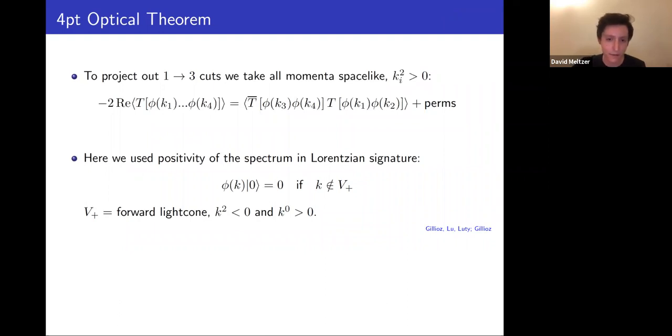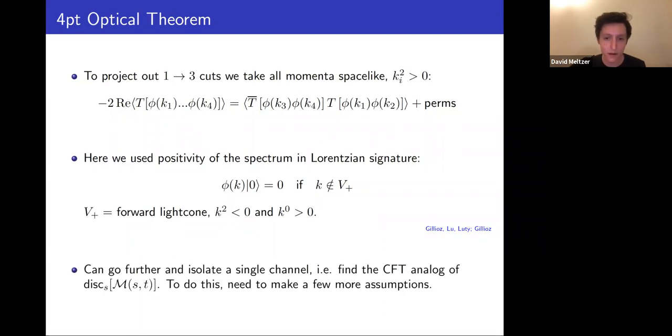If phi of K acts on the vacuum, this is 0 if K is not in the forward light cone. Here I'm working with a mostly plus metric, so K squared is less than 0. But we actually want to go a little further, and we want a way of isolating a single channel.